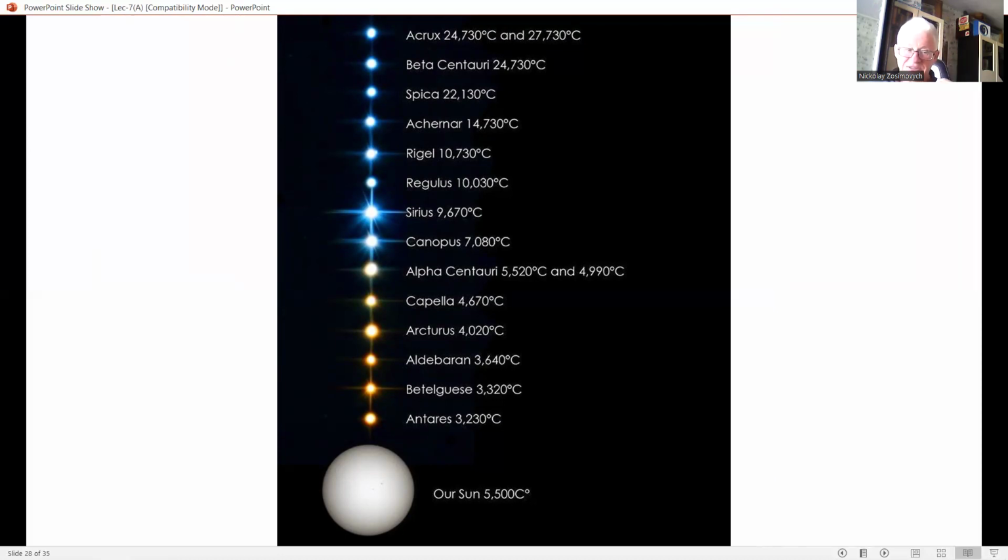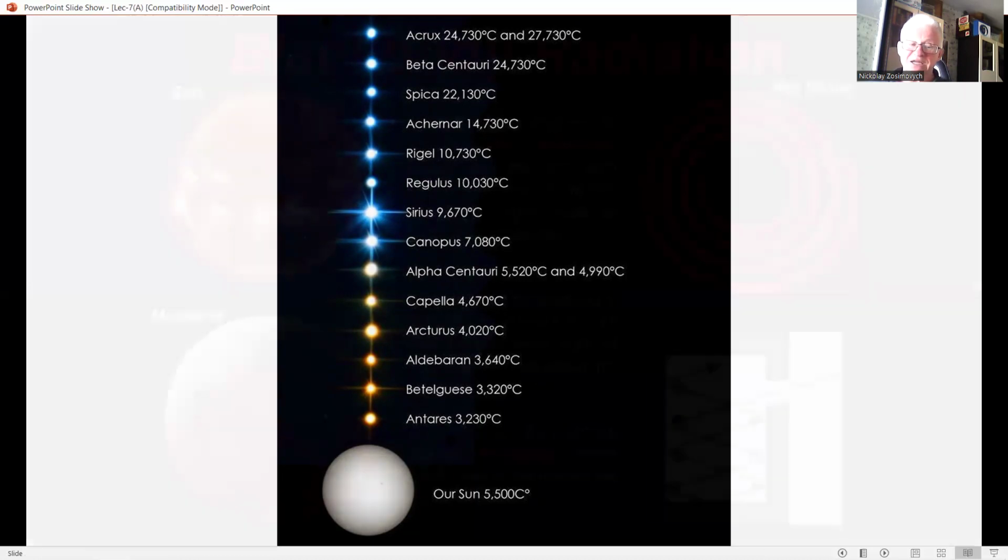Water freezes at 273 Kelvin and boils at 373 Kelvin. The Kelvin temperature scale is used in astronomy because it is based on absolute zero and consequently is related directly to the motion of the particles in an object.